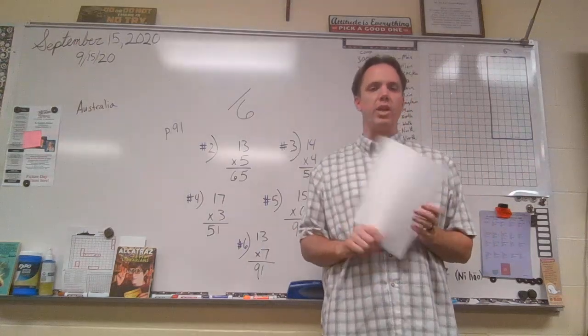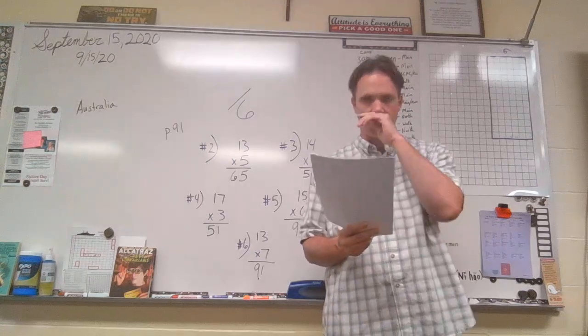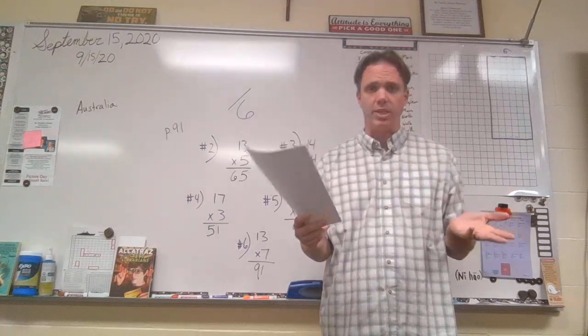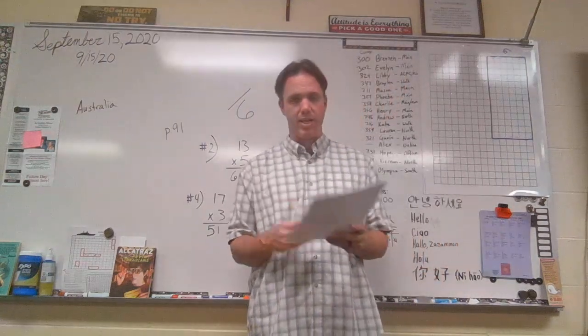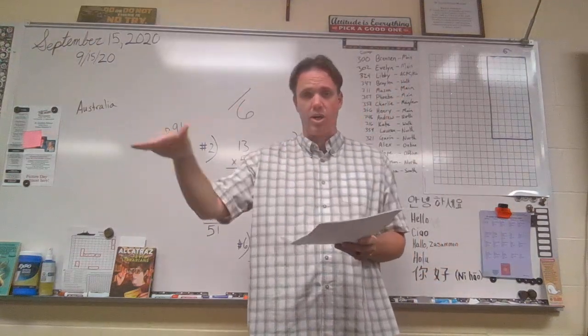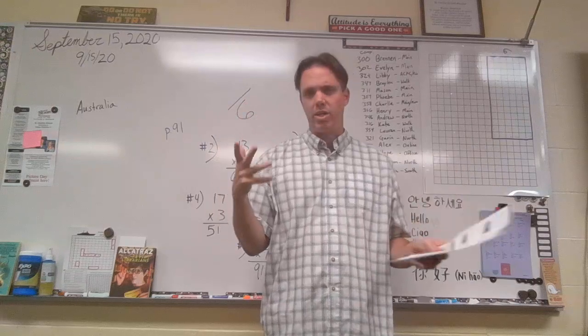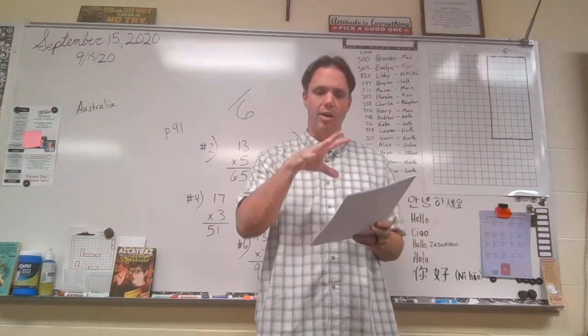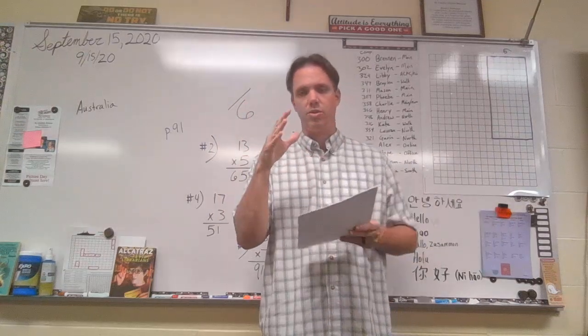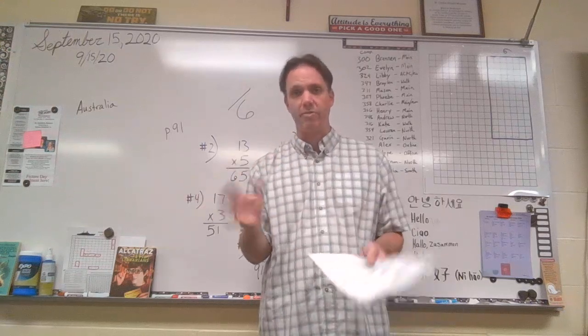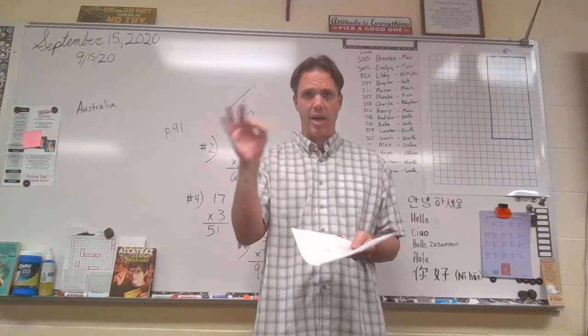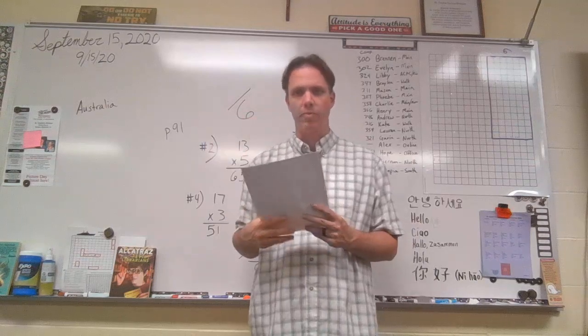So there are 2 different things that I would accept. If you were talking about exactly how you would draw the model, then you might say I would go down 6, I would go across 17, and then you might talk about how I could break the 17 into 10 and 7 and then multiply 6 times 10 and 6 times 7. Something like that, where you talk about actually how you would draw the picture.